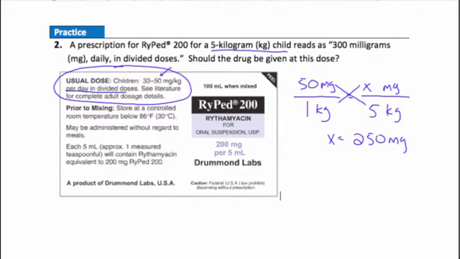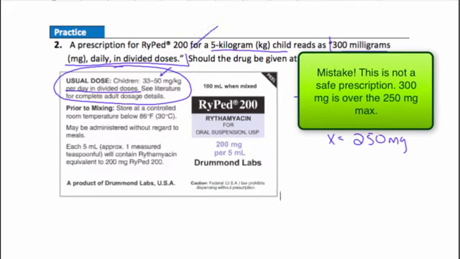And we want to give that in divided doses. We wouldn't want to give that all in one shot. So let's see what they're trying to prescribe here. 300 milligrams daily in divided doses. So they're trying to divide this up. With 300 milligrams in divided doses, that would give us 150 milligrams at each dose. At 150 milligrams at each dose, we're well under this maximum of 250.